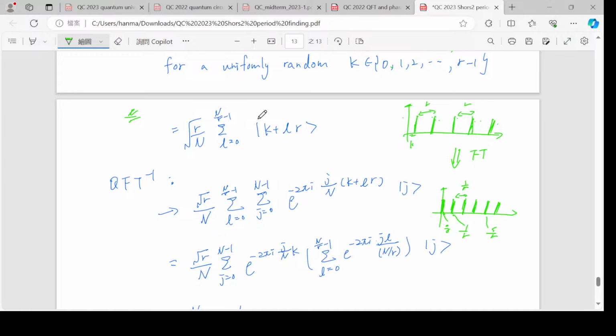And now we Fourier transform this thing. So we transform the computational basis state, with summation over j from 0 to n minus 1, because we are doing a Fourier transform on something from 0 to n minus 1.